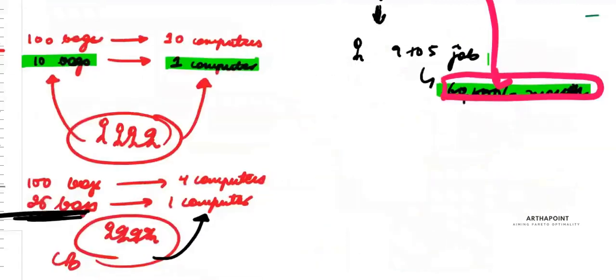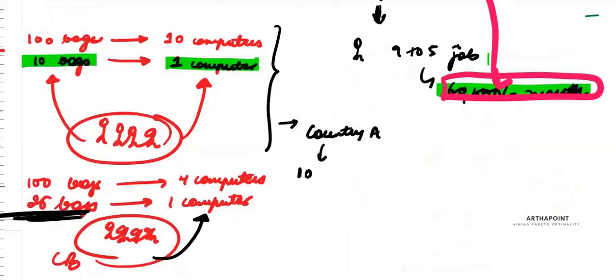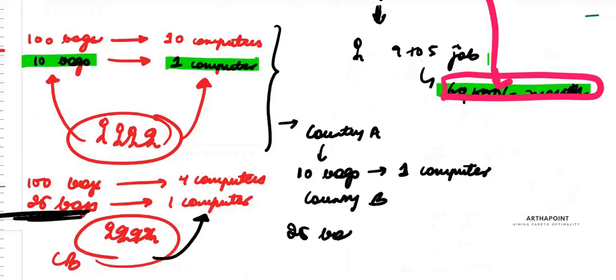So let's write this down. Country A, when it gives up 10 bags, then it produces 1 computer. Country B, when it gives up 25 bags, then it produces 1 computer.